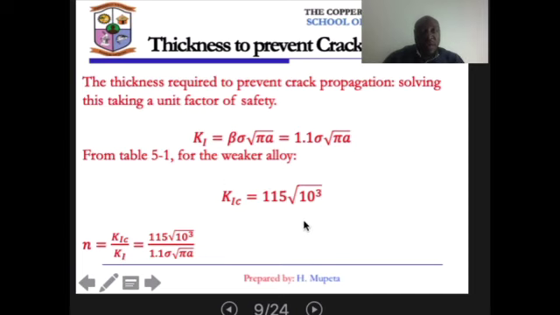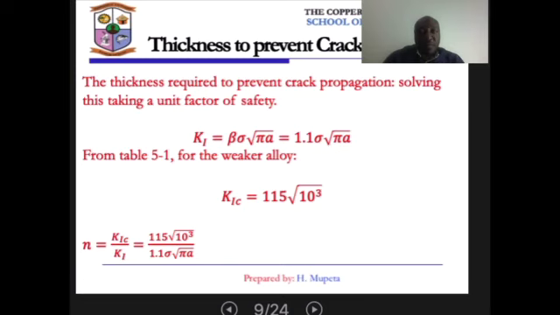We can now get the strength to stress ratio, which can be used as a factor of safety in this case. So we get the fracture toughness divided by the stress intensity factor to get the factor of safety. For the weak alloy, we know the fracture toughness is 115, and the stress intensity factor is given by 1.1.